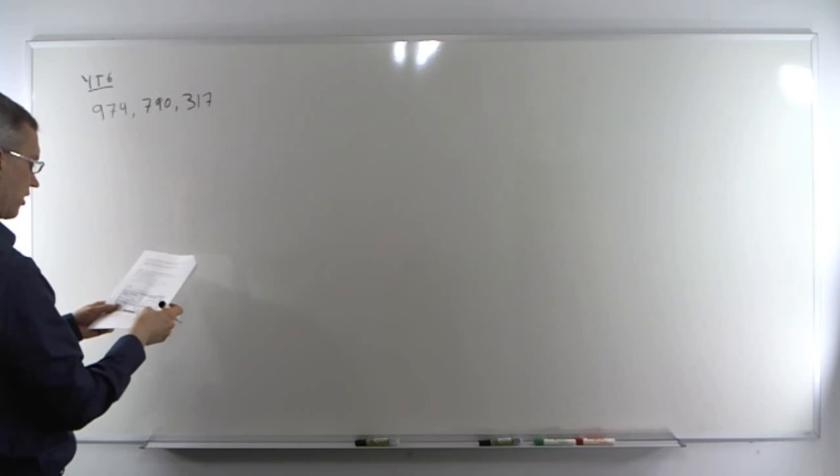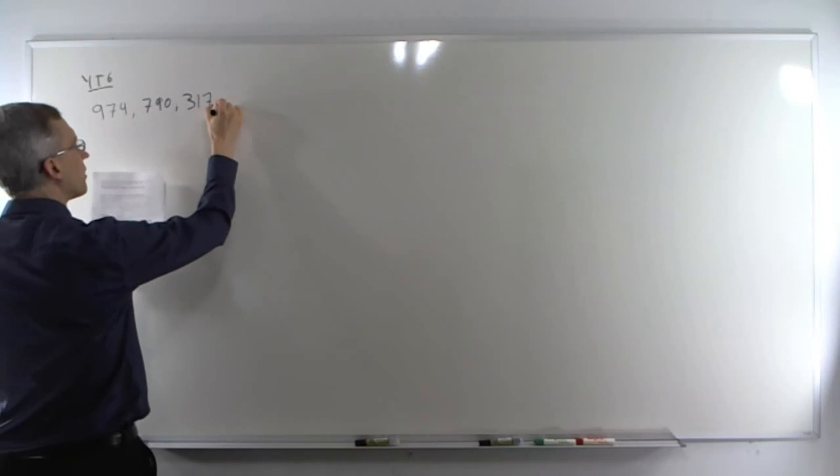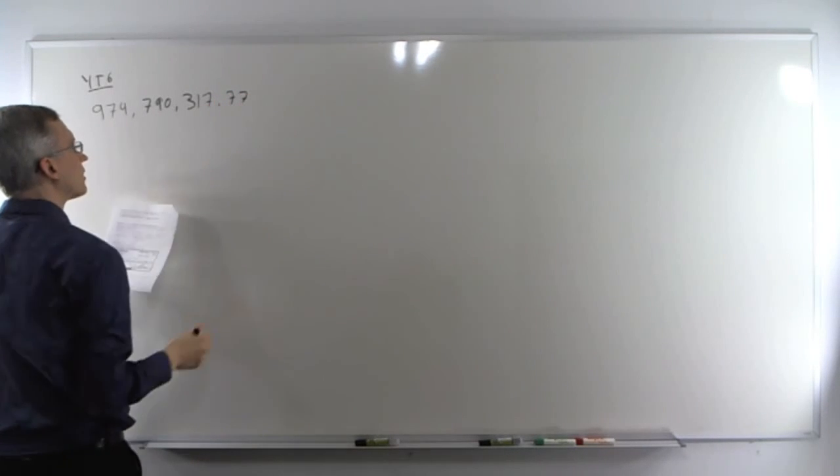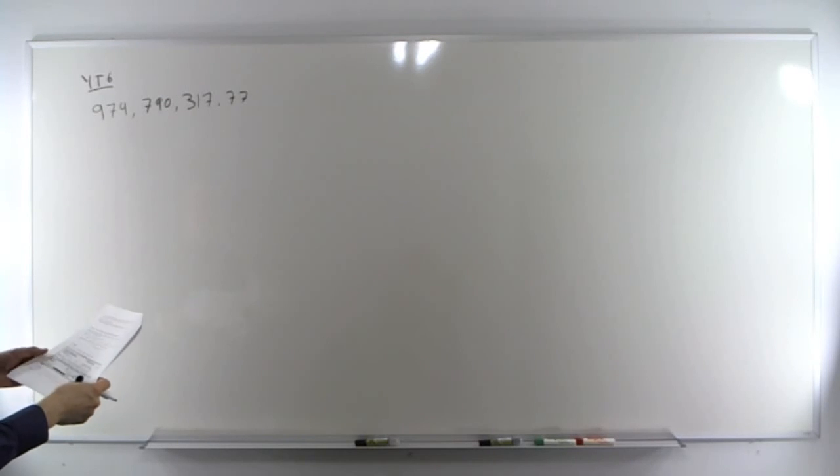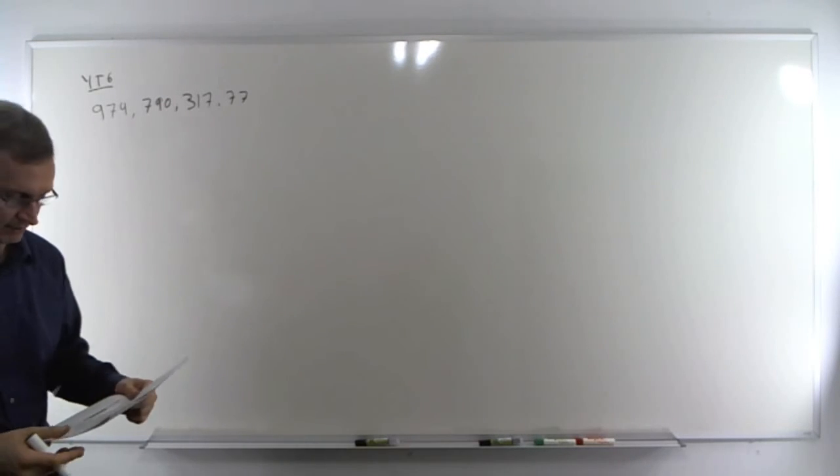And got a little change there on the end. You know, I don't have to do that, but I'm just going to put there on the end 77 cents. So 974, 790, 317, and 77 cents.